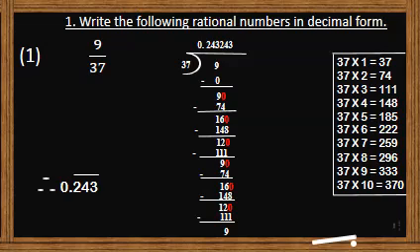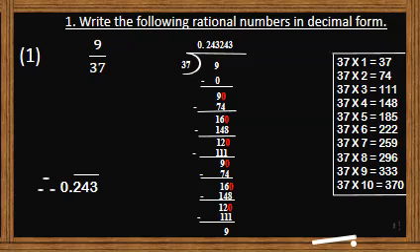Now we will see whether 160 comes in the table of 37 or not. Let's count the table of 37. 37 ones are 37, 37 twos are 74, 37 threes are 111, 37 fours are 148, 37 fives are 185.